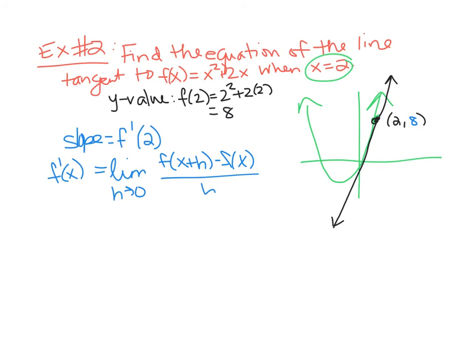One way to make this a little bit easier on yourself is to plug in the x before you actually evaluate this limit. That way you end up having more numbers and fewer variables, which tends to make life a little bit nicer.